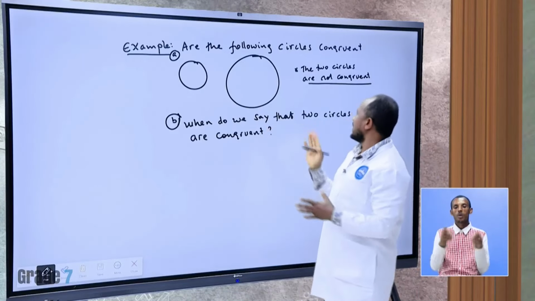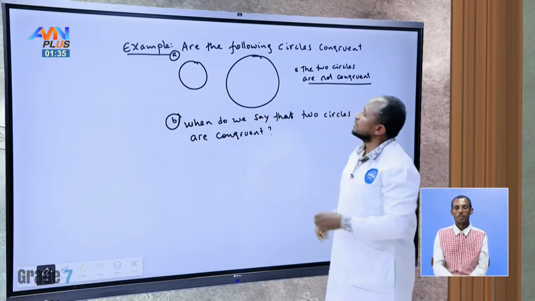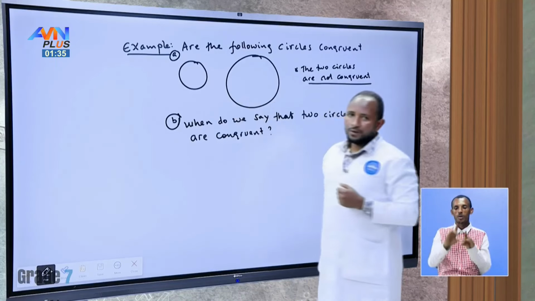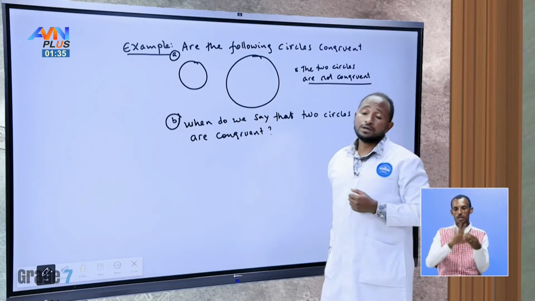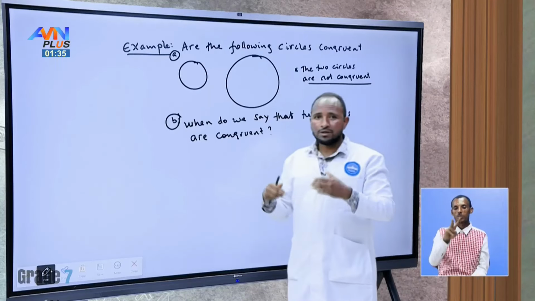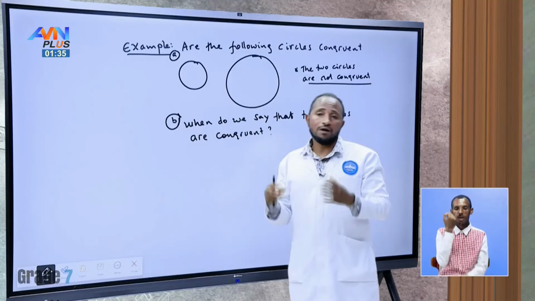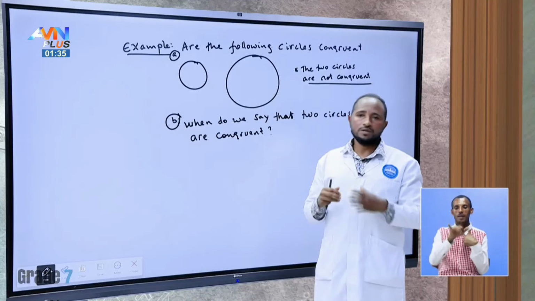Okay, now the second question B. When do we say that two circles are congruent? Or two circles have the same size? Two circles are congruent if and only if they have the same radius or diameter.